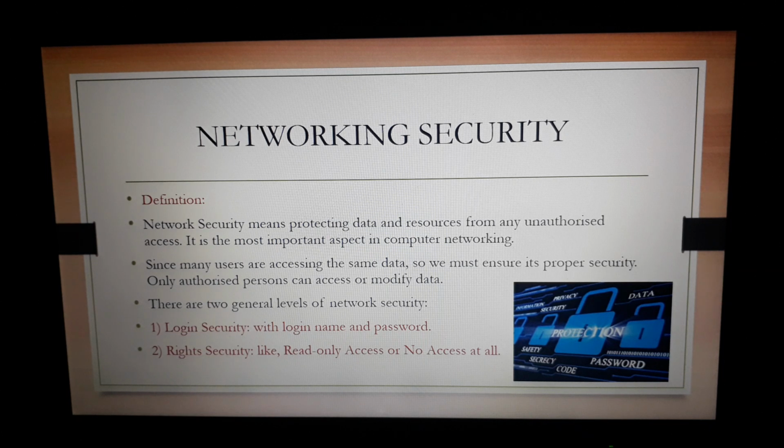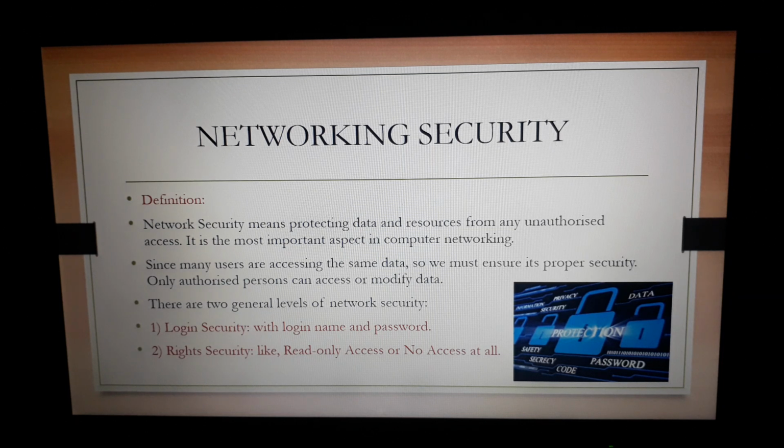Yes, students. Sometimes what happens is that in any organization or institute, the same computer is used by different persons. So at that time, high security is really very much required, because anyone can modify your data or anyone can hack your important data.